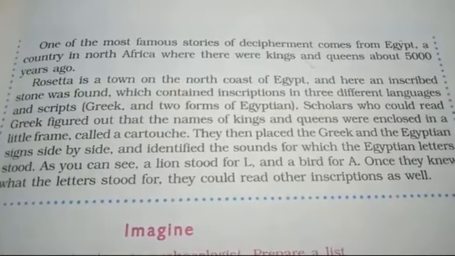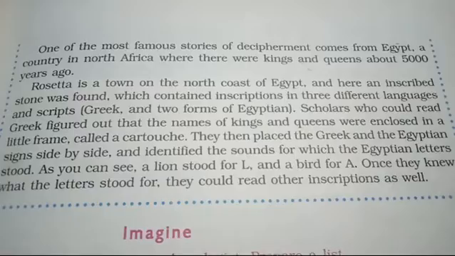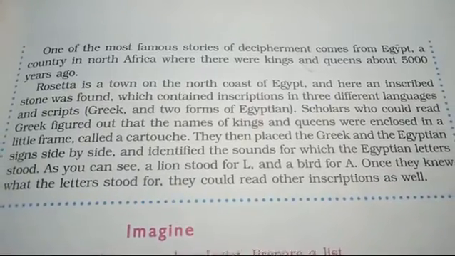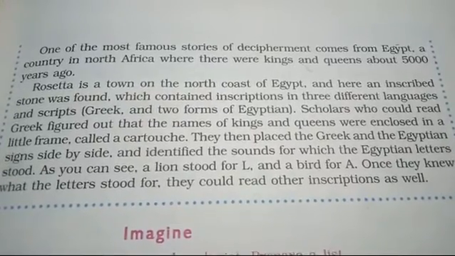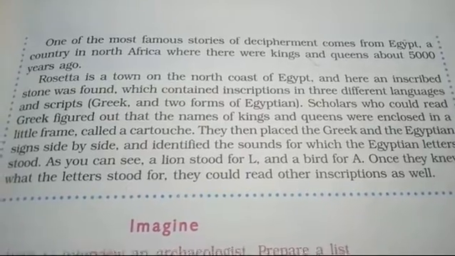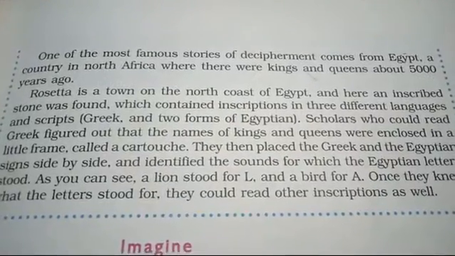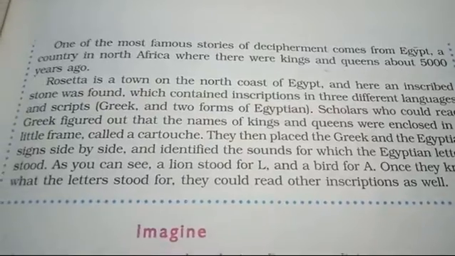Scholars who could read Greek figured out that the names of the kings and queens were enclosed in a little frame called a cartouche. They then placed the Greek and the Egyptian signs side by side and identified the sounds for which the Egyptian letters stood. As you can see, a lion stood for L and a bird for A. Once they knew what the letters stood for, they could read the inscriptions as well.